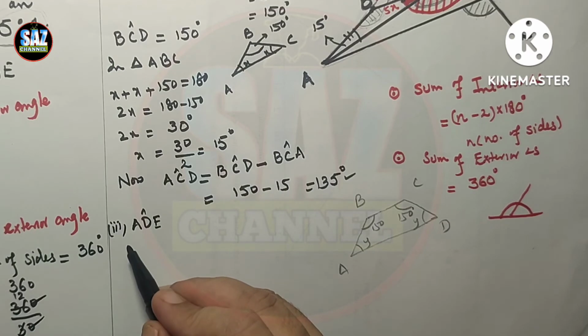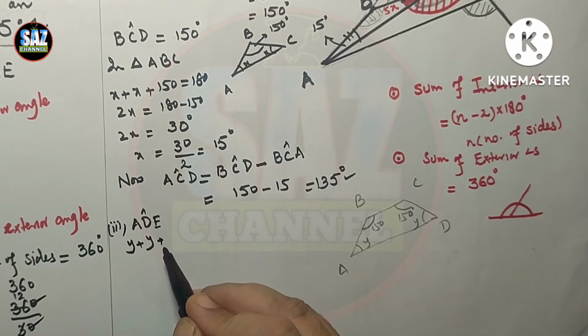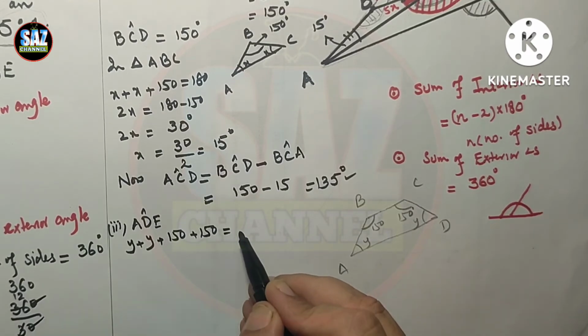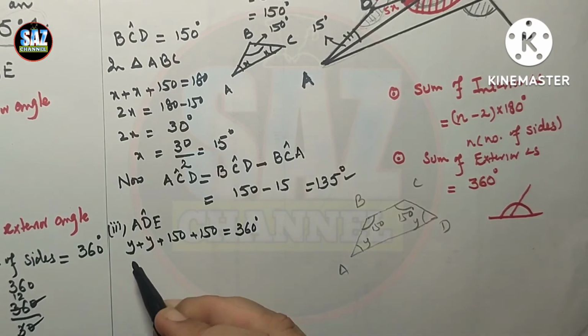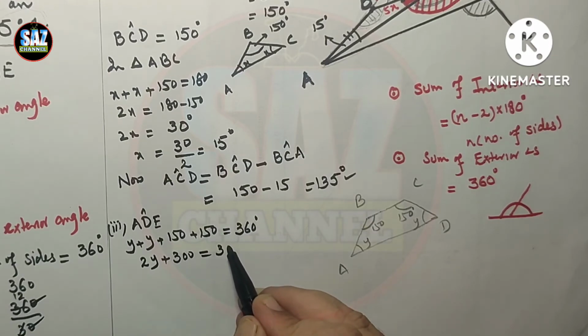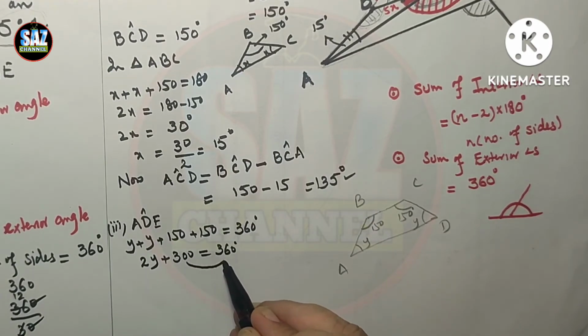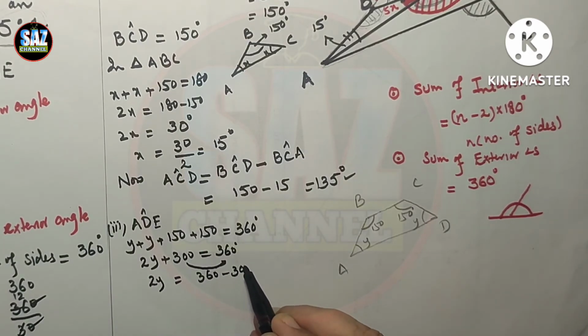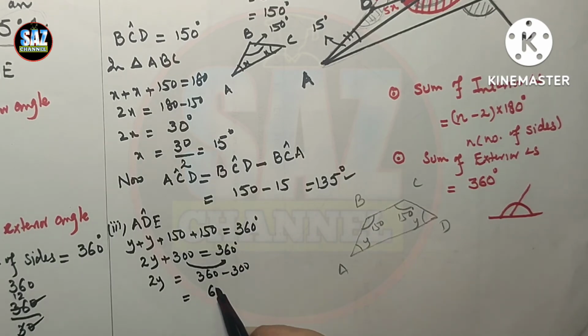So y plus y plus 150 plus 150 equals 360 degrees. And now 2y plus 300 equals 360 degrees. Shift 300 to the other side. 2y equals 360 minus 300, which is equal to 60 degrees. 2y equals 60, and 2 will be shifted to the other side. y is equal to 60 upon 2, which is equal to 30 degrees.